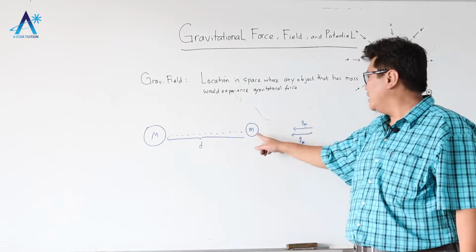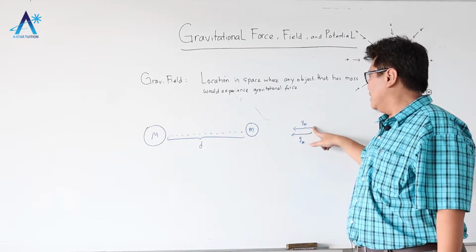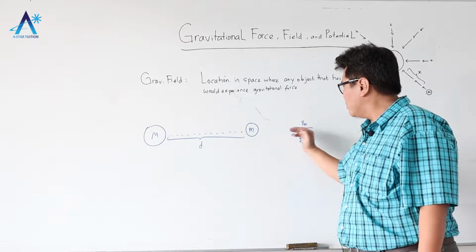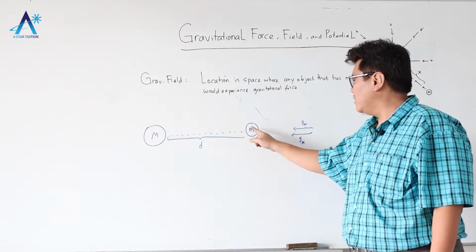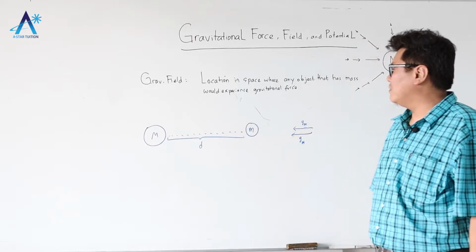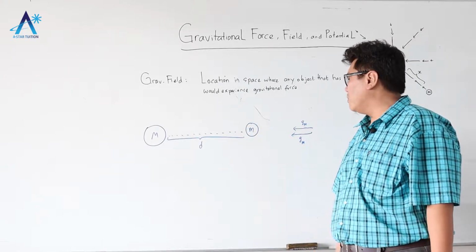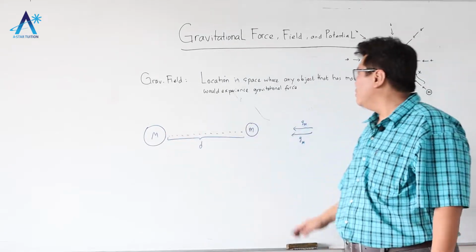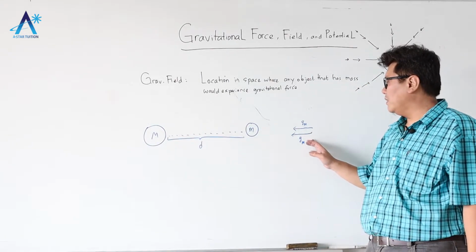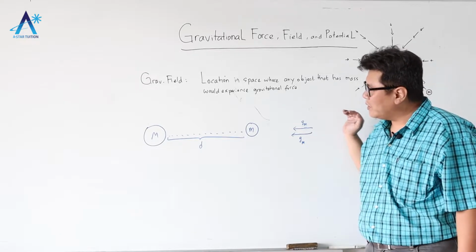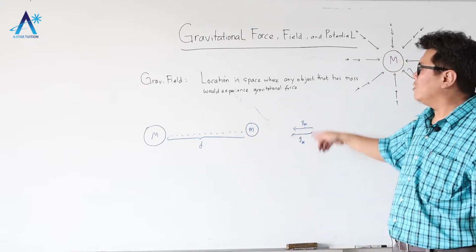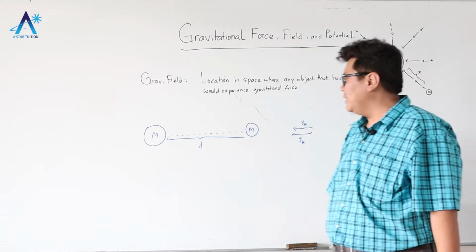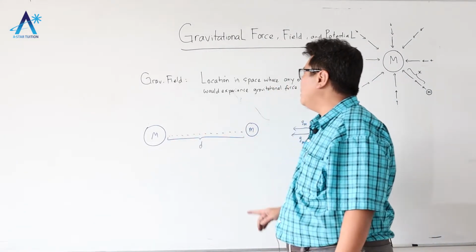So at this point, the field is pointing towards source mass number 1, and also towards source mass number 2 the other way. So these two cannot possibly cancel here; they will add up. So it's always going to be in between the two.